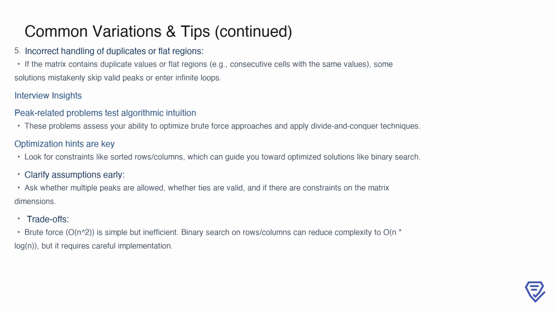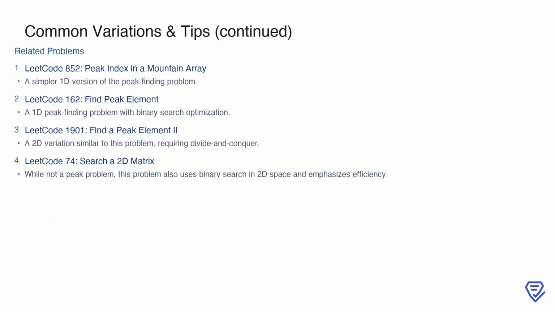While brute force is often simpler to implement, optimized methods like binary search or divide and conquer can drastically reduce time complexity, making them more suitable for larger inputs. This problem is part of a broader category of peak finding problems, and understanding related problems can help you identify patterns and techniques.